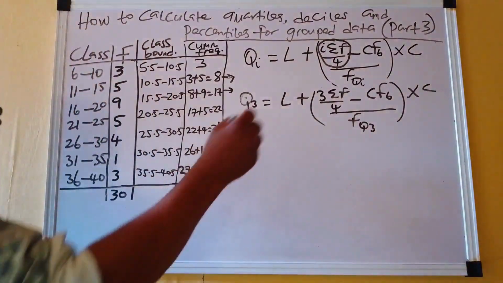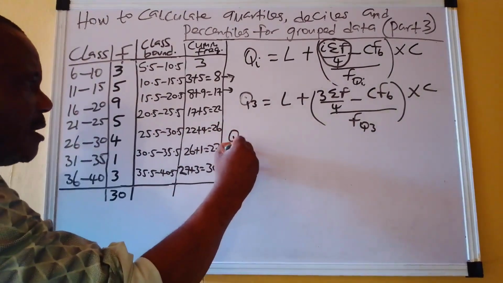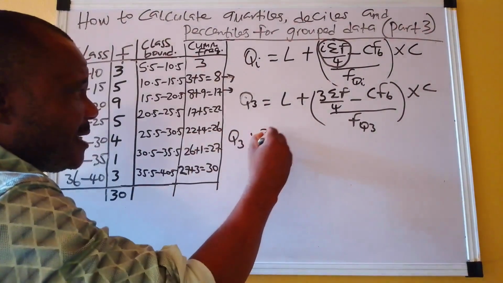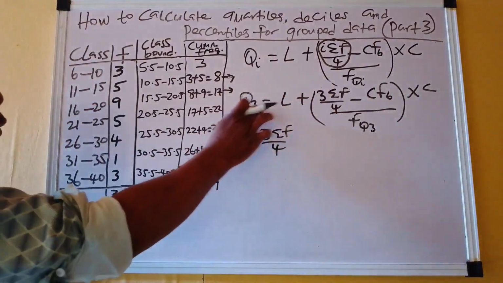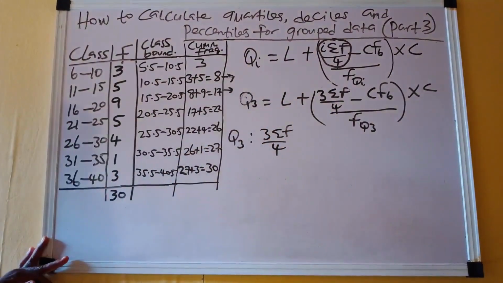The first thing is to use the class determinant to determine the class where the Q3 falls. So this will be 3 summation F all over 4, because it is the third quartile, that's why it's 3. If it were the second quartile, i would be 2. Here our i is 3.